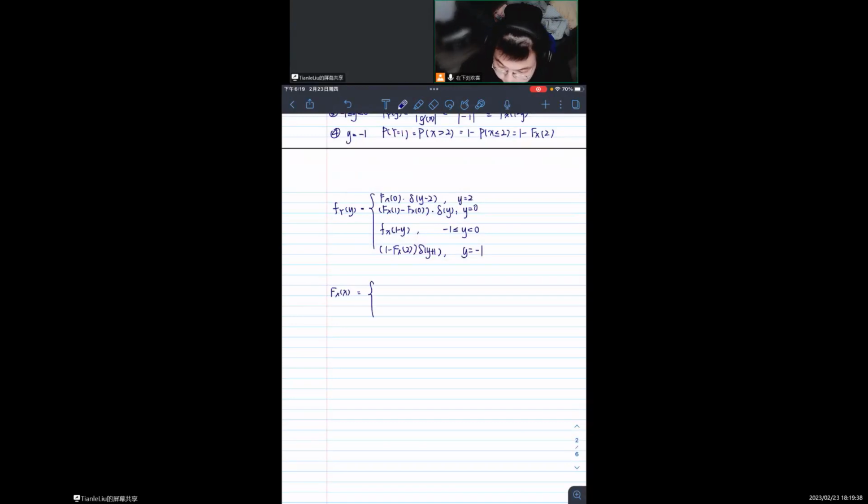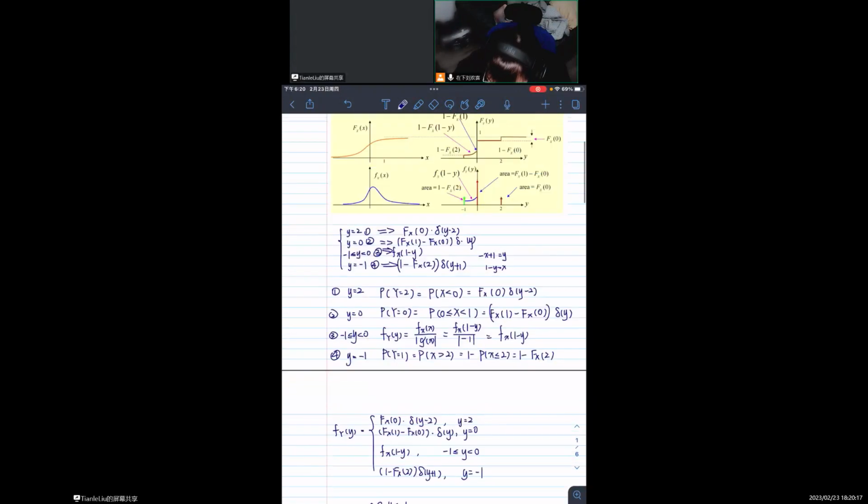Obviously, y less than -1 will equal 0, and y larger than 2 will equal 1, because we can see from the probability function we don't have anything outside this range. So out of range, it equals 0, and above the upper bound, it equals 1.